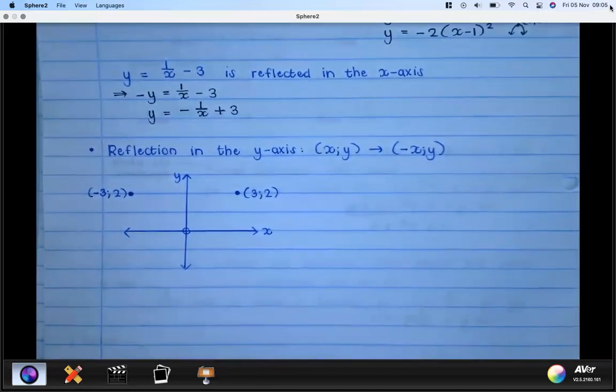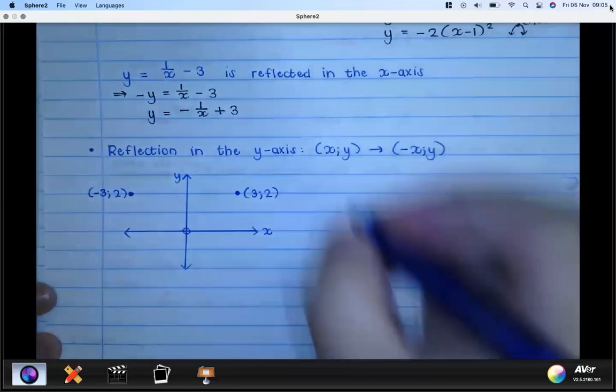If you have a graph and you're reflecting the whole graph in the y-axis, every single point on that graph will change the sign of its x value. So we are just going to do that in the actual equation.